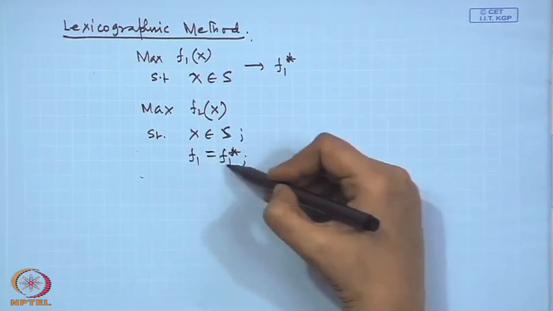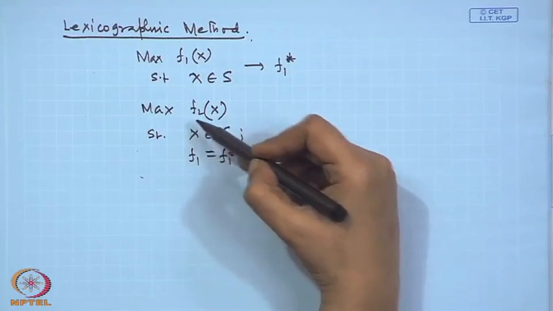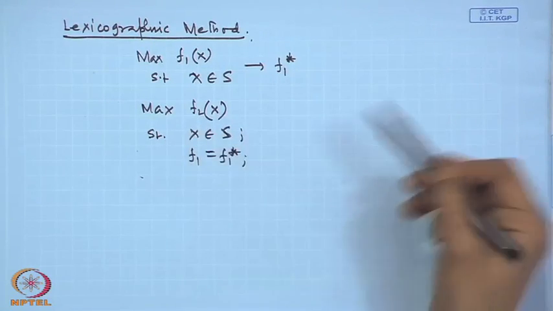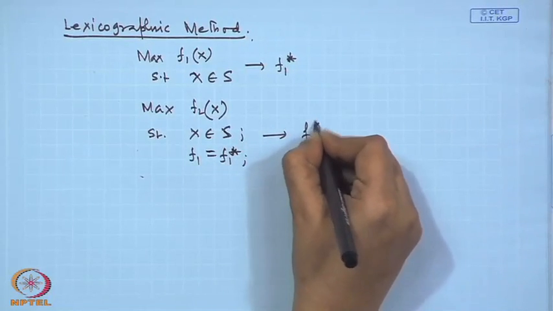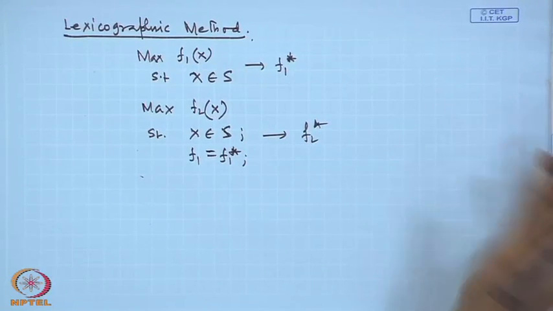He wants F1 to be F1 star, and only then he or she wants to maximize F2. From here we will get another optimal solution. The decision maker may be satisfied with that. If not, it will go to the lower ranked objective functions one by one, and in that way we are solving a single objective problem each time.